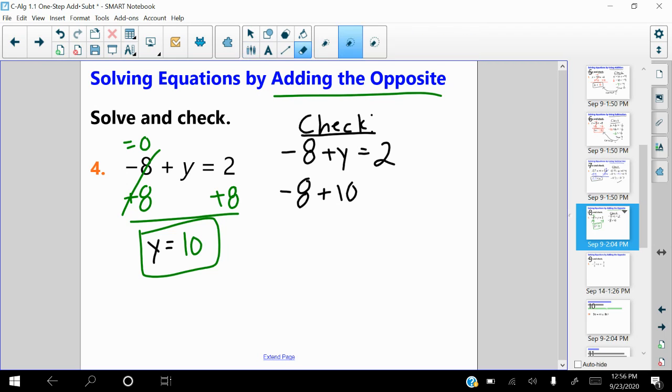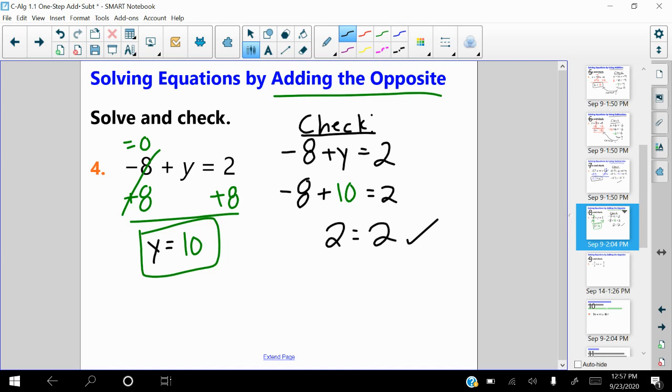That should have changed color. Let me go back and do that for y'all. And now we're going to simplify. Negative 8 plus 10 gives me 2. The right is already simplified, and 2 is equal to 2.